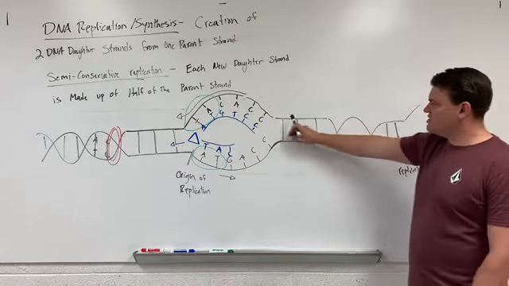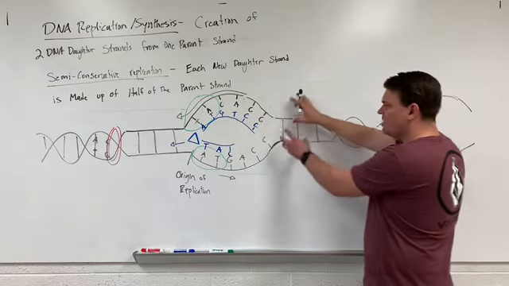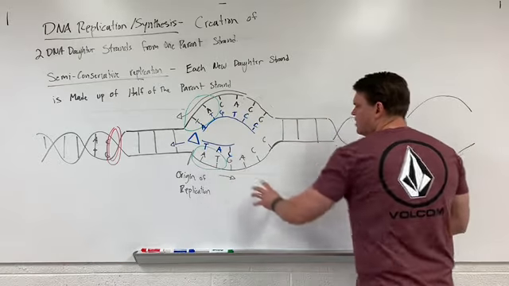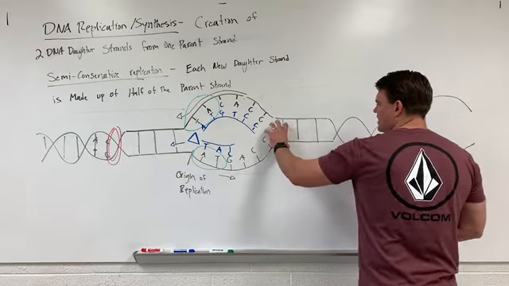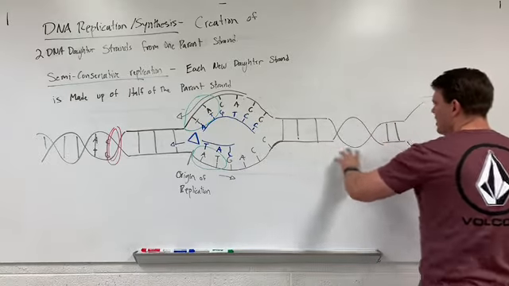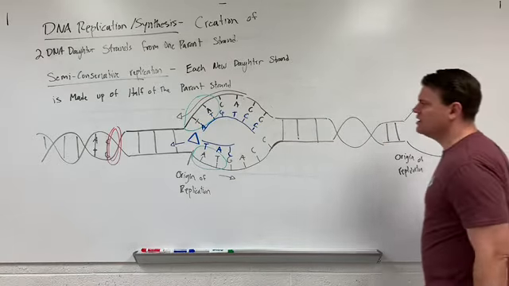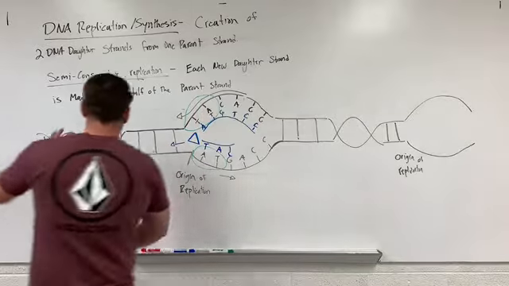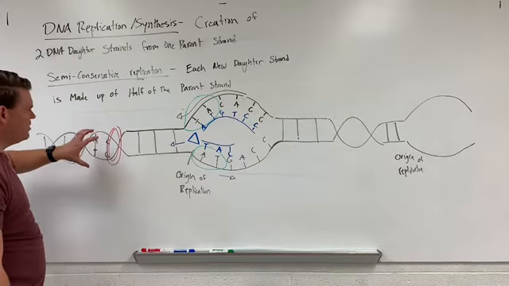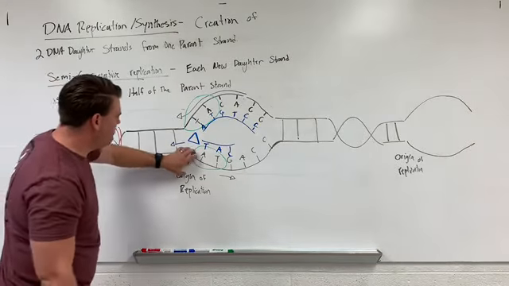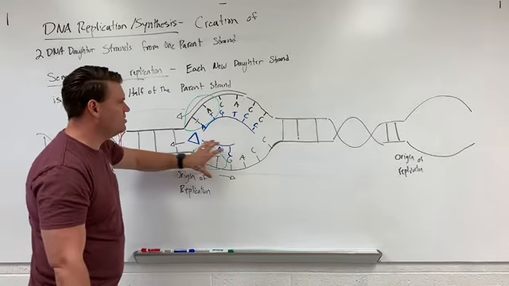So eventually this is all going to open up, and once it does, you'll have another one of these DNA polymerases start here and open up more this way, right? Because this guy's going down this way, and so you're going to have another DNA polymerase jump on here and then meet up and connect these two there.